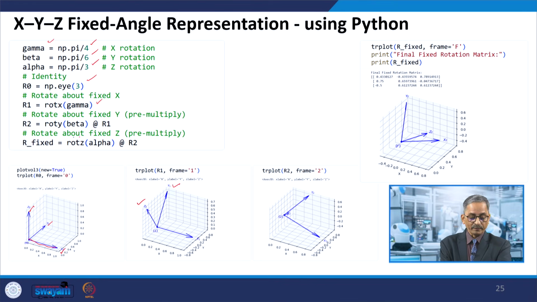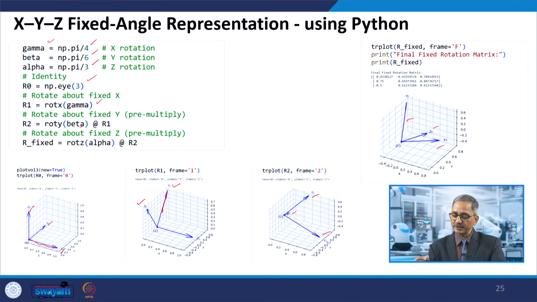And then I perform rotation about beta, that is about the fixed axis y, okay, and I am trying to rotate this. Then we have say this is my y2, z2, x2, and the third one is about z axis, okay, and that is angle alpha, that is pi by 3. If I perform, then these are the location and orientation of the position vectors.